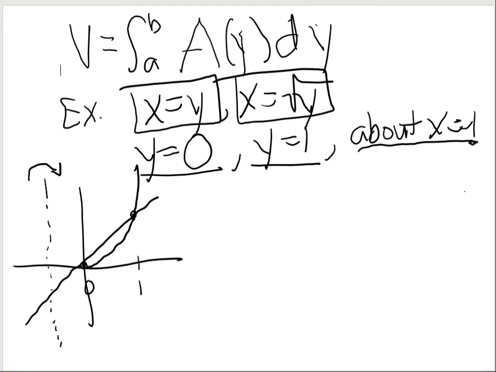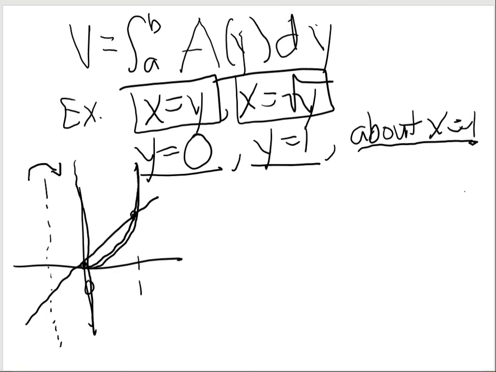So whenever we're thinking about our top and bottom functions, it was top and bottom before because of this y-axis. Now over here, we have to think, what's our top and bottom?